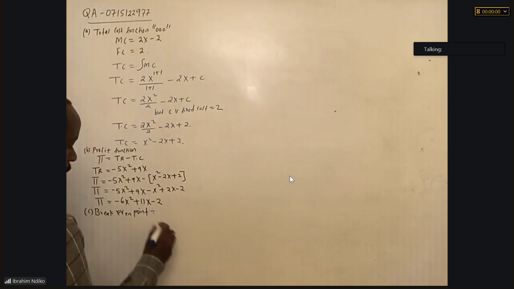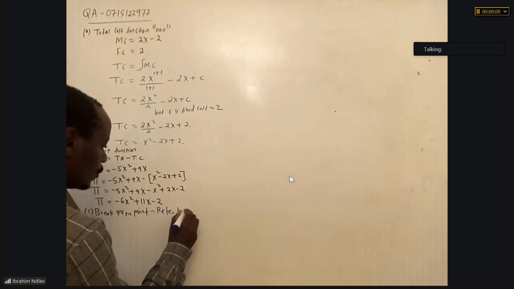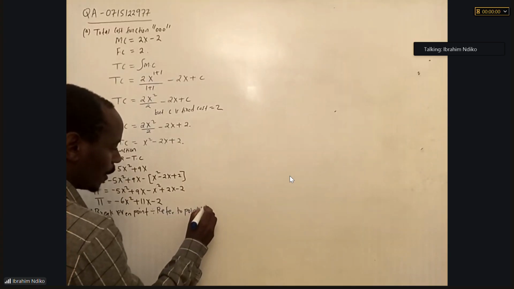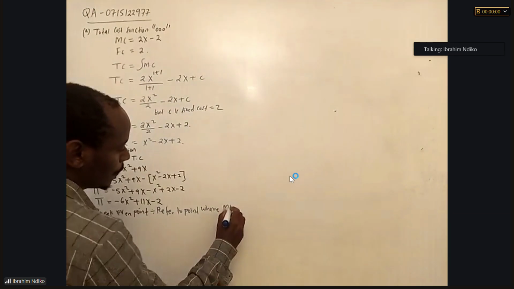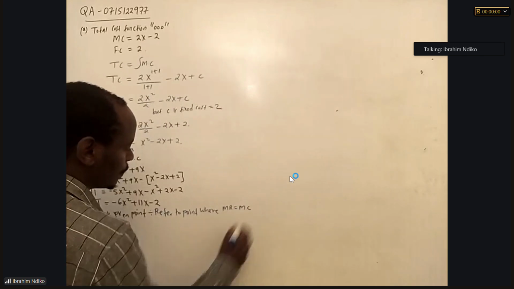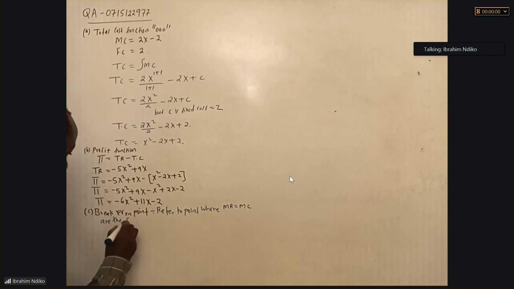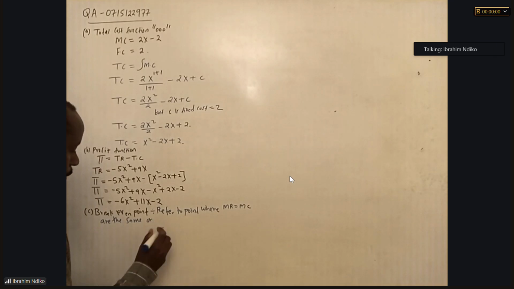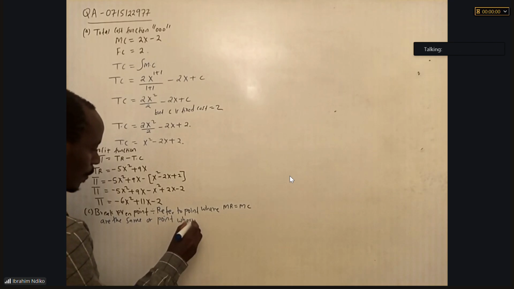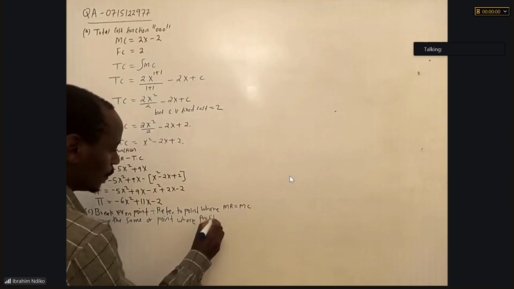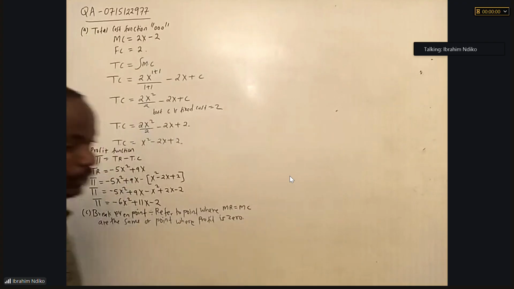It refers to the point where marginal revenue and marginal cost are the same, or the point where profit is zero. The point where profit is zero.